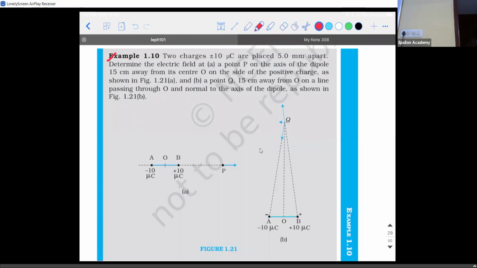How to solve it? So what is the electric field at point P?